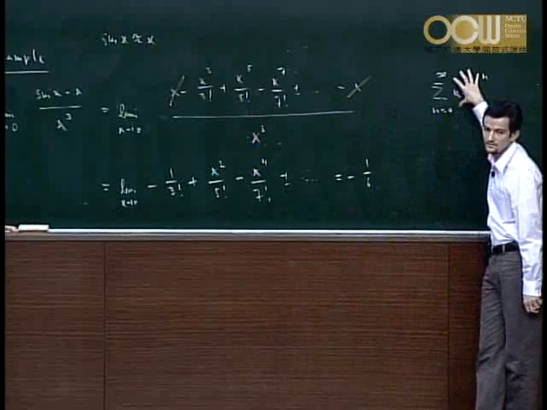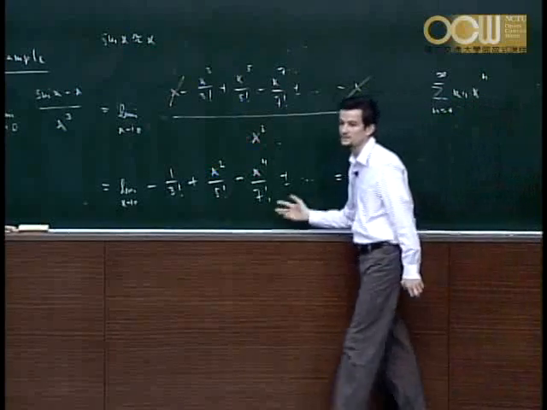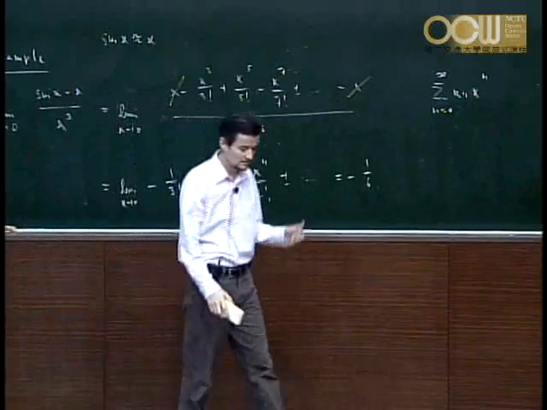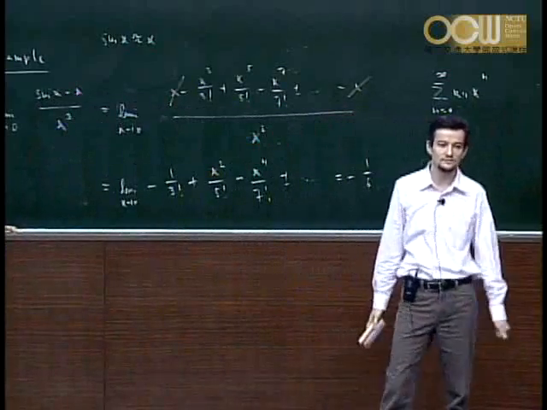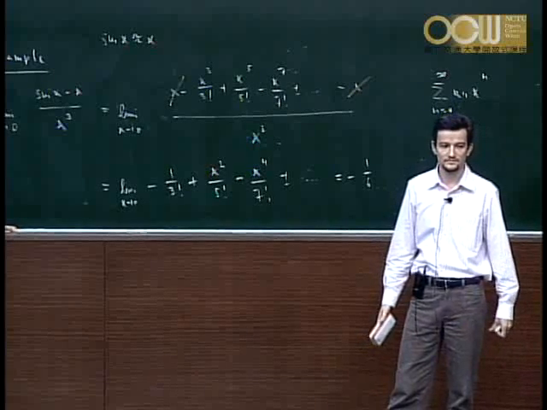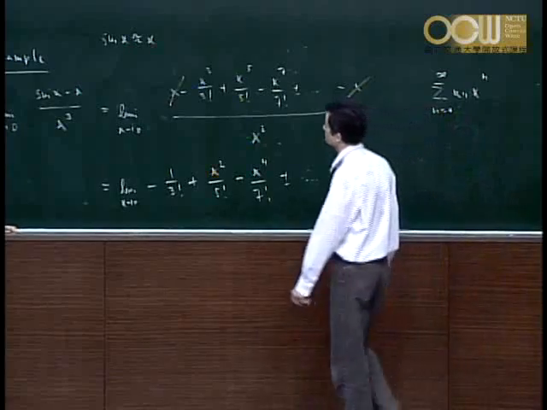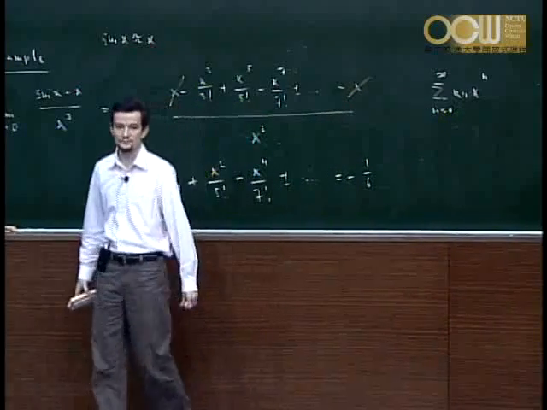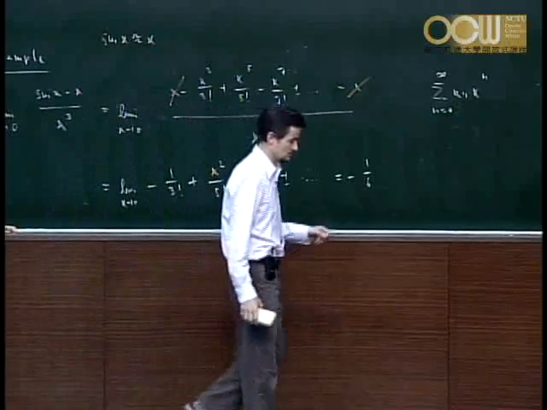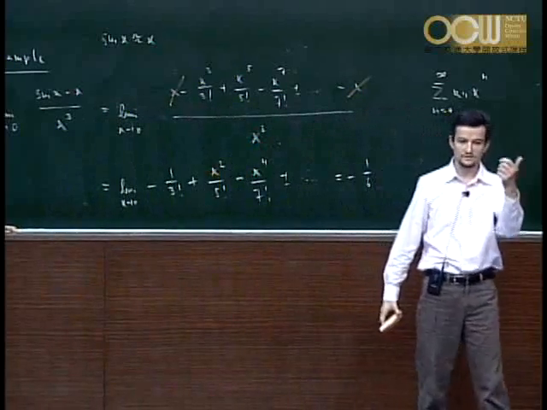You have to be careful if you interchange limits and a series, differentiation and a series, or integration and a series. This is a common mistake, which I see even in research papers very, very often: people assume that you can just interchange.